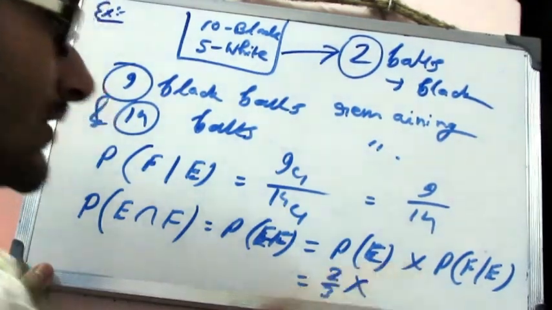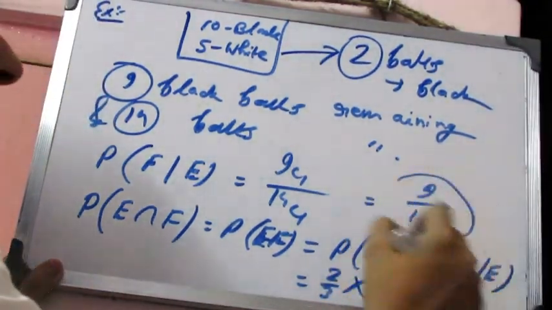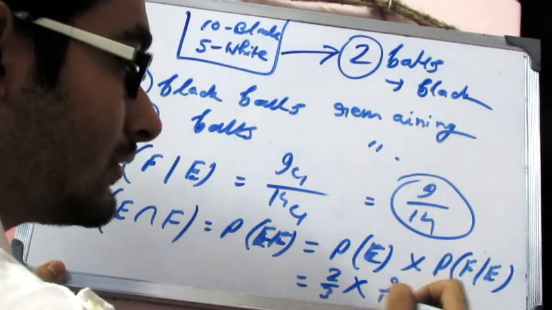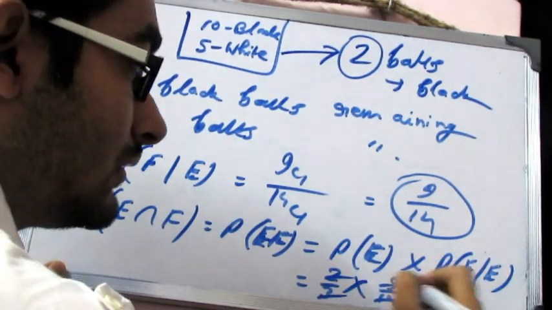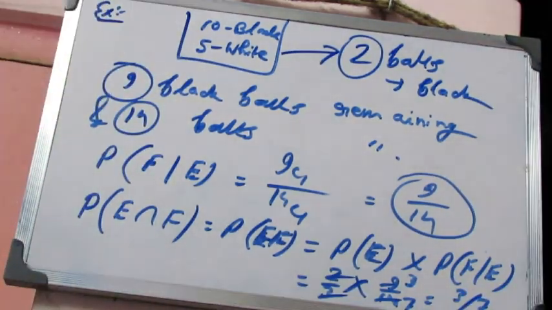So it will be 2 by 3 into 9 by 14, which is 3 by 7. So it is the answer.